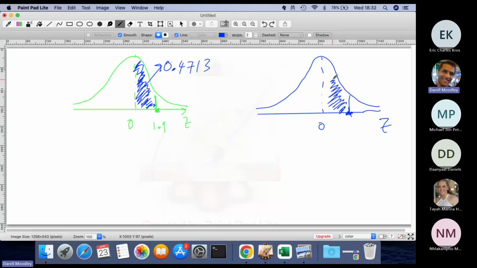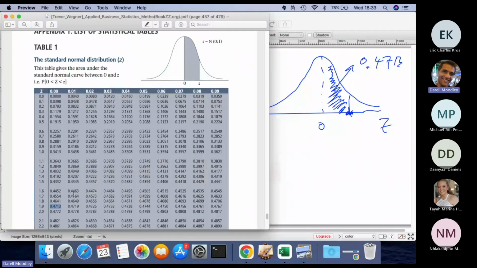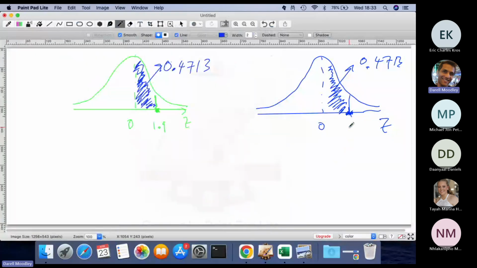Say we know this area of 0.4713, and we have to find the z value. So you have to work backwards. In other words, you look at this table, look for where the area is 0.4713, and trace back the z value. The z value corresponding to that is 1.9. We're going to work backwards now. Let's keep that in mind. That's what we're going to do.